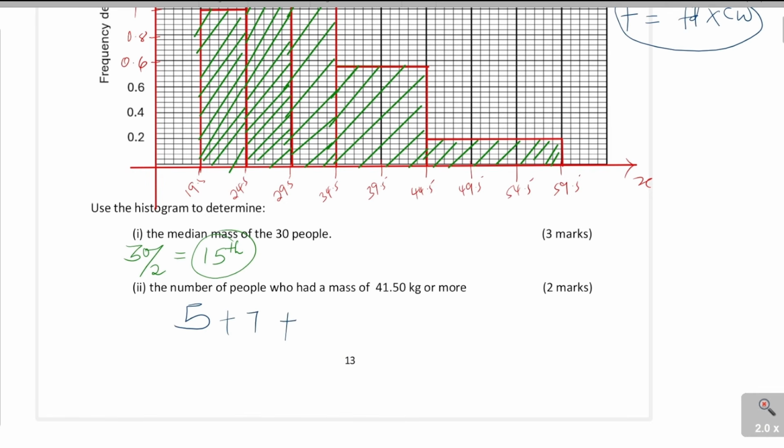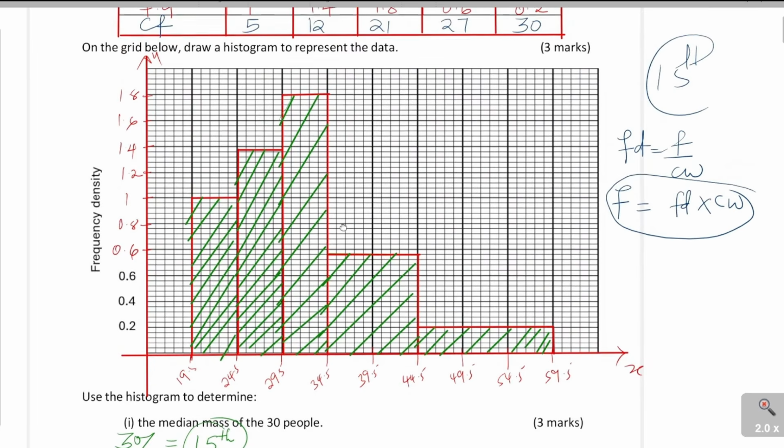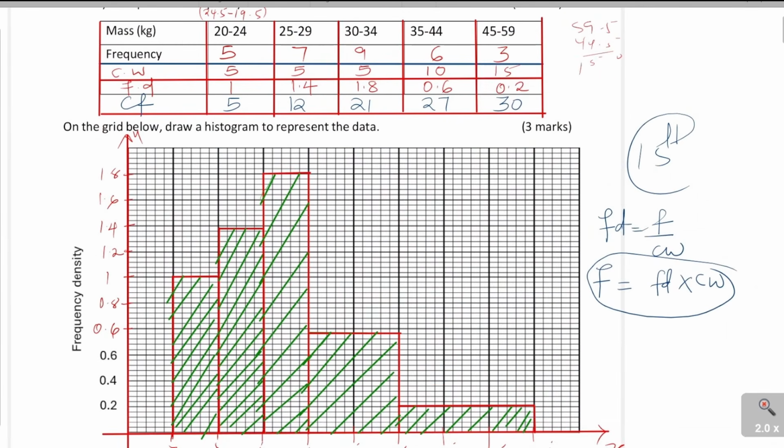Then plus, to make 15, because we want the 15th person, what we don't have is the frequency there. We have the frequency density. The frequency that we'll have here will give us 15.